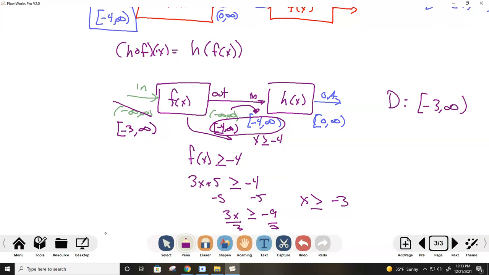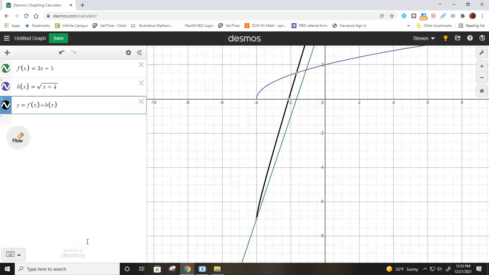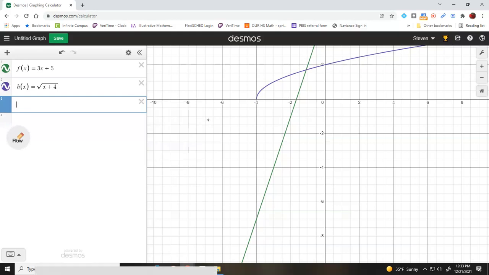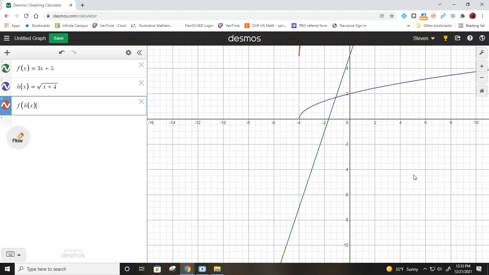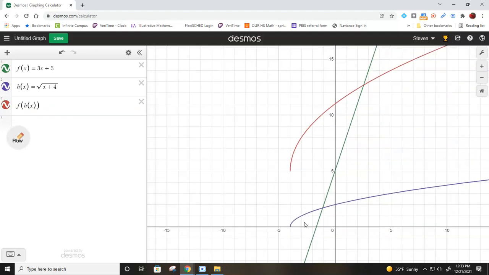So let's again go back to the graph and see if this really happens. So I got f of x and h of x. When I did f of h of x, there it is up there.